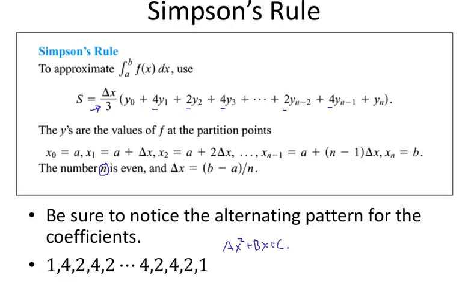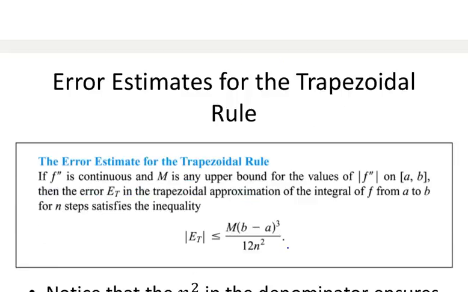And it turns out, by virtue of a fairly long algebraic proof that they give in the book, that it can be reduced to this pattern of 4, 2, 4, 2, 4, 2, 4. Pretty amazing how this works, and it's actually incredibly accurate.